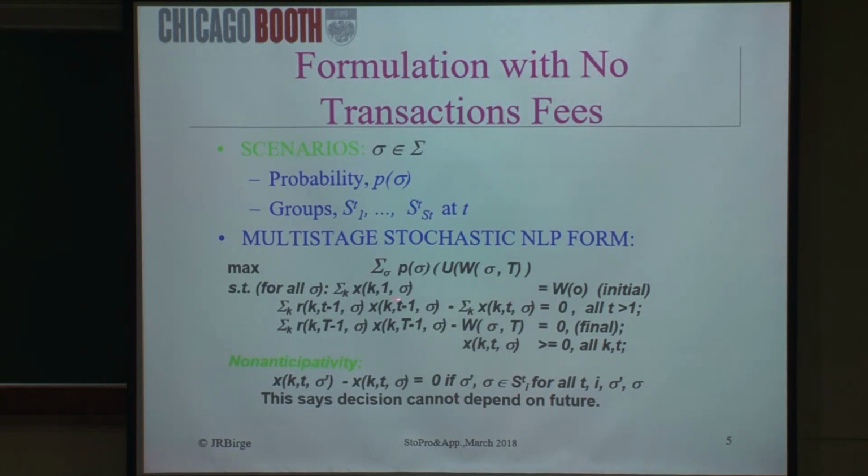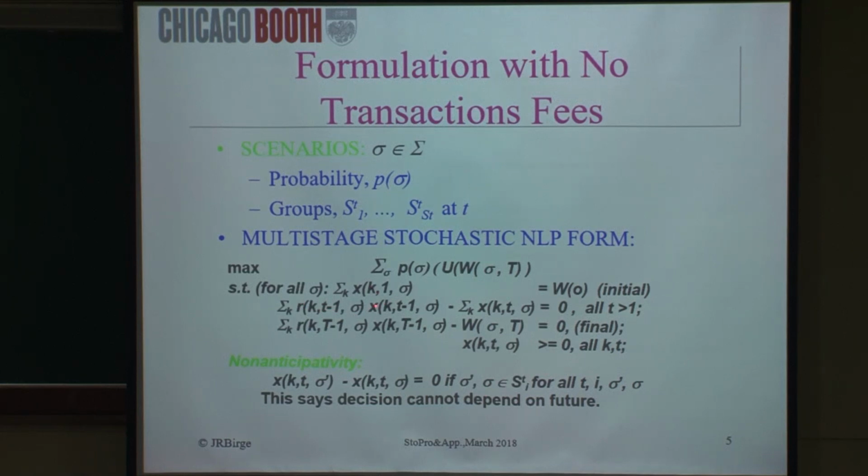Now the dynamics are, at the beginning, I invest everything. So X is the amount I invest in asset k at time 1 under scenario sigma. The sum of the investments over all the assets is equal to my wealth. So I take my wealth and I invest it into different assets.